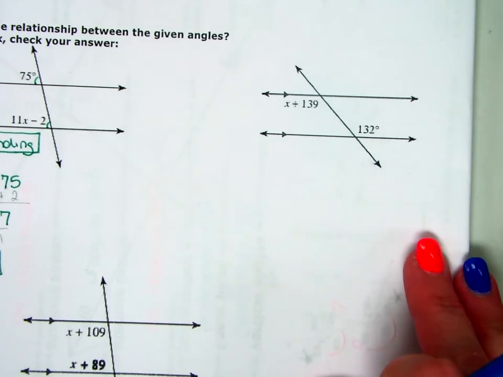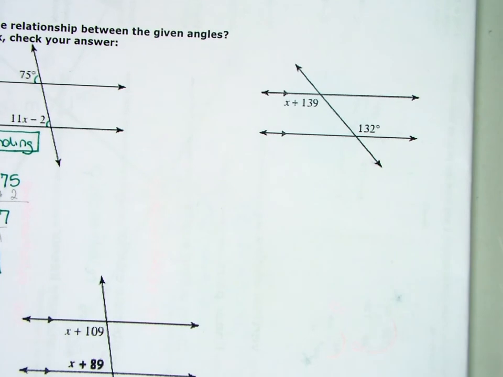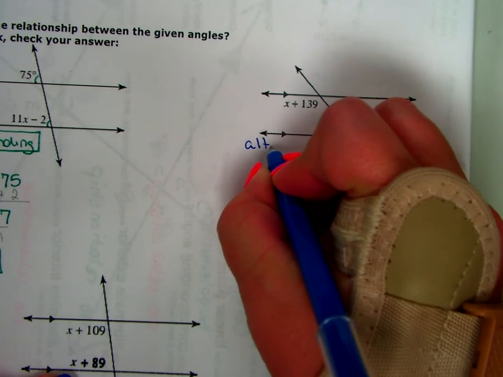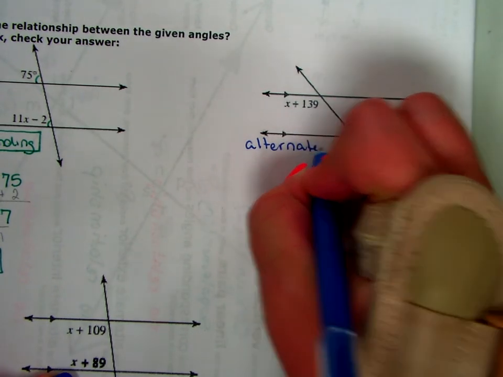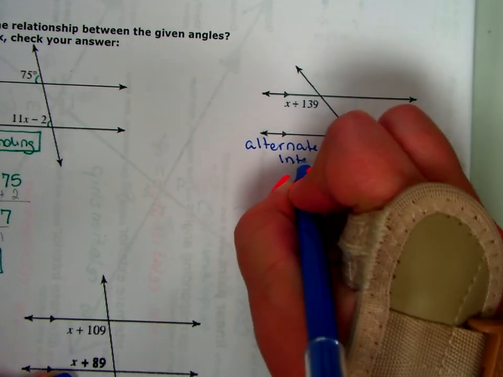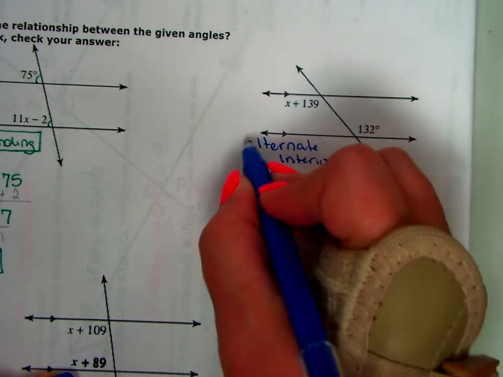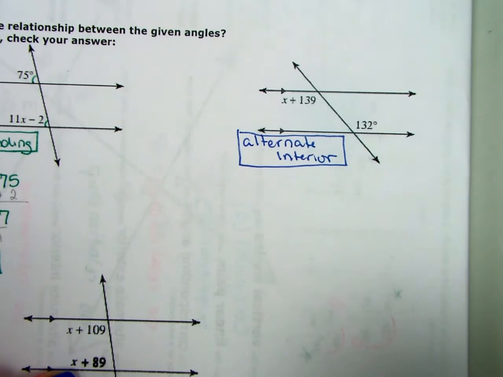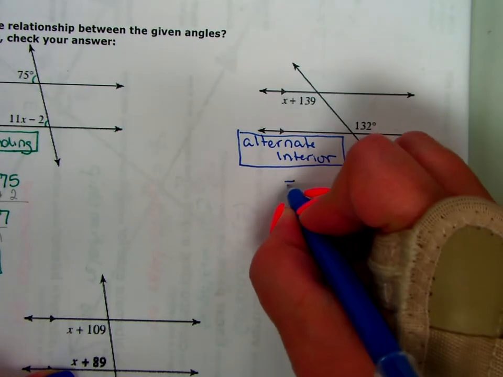All right, and then the next one, what's the relationship between these two? Alternate interior. So what's their relationship? What does that mean? Congruent.